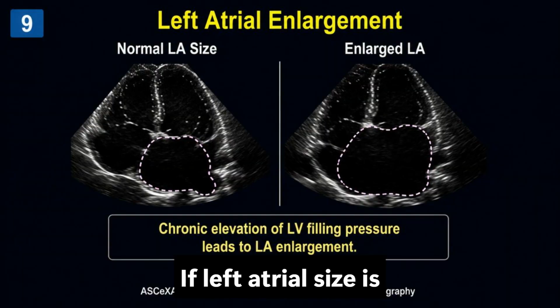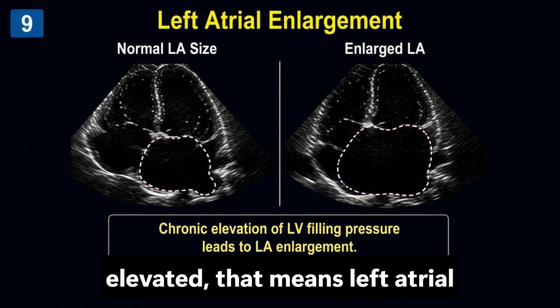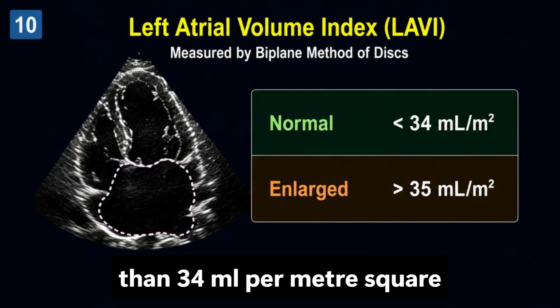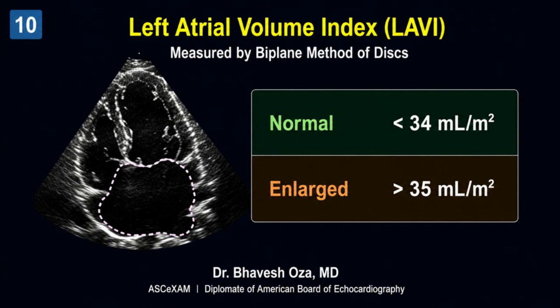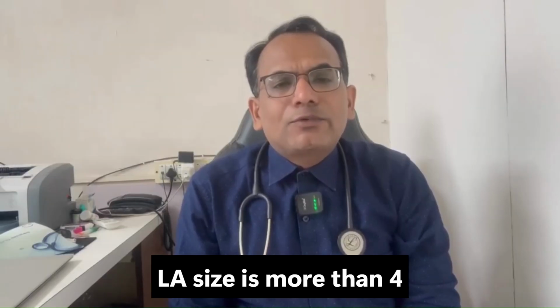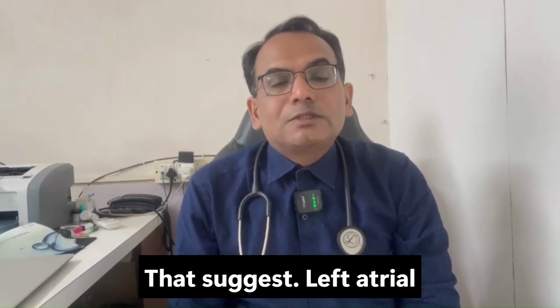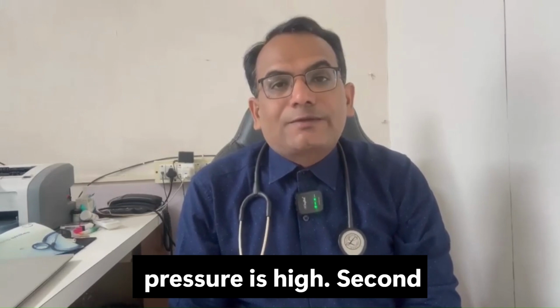If left atrial size is elevated, that means left atrial volume index is more than 34 ml per meter square, or LA size is more than 4 centimeter in 2D image, that suggests left atrial pressure is high.